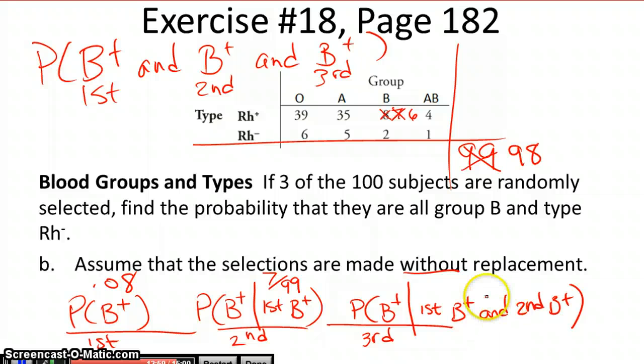Because these conditional probabilities restrict the size of your sample space. And you can see in this case, because the first person and second person who were drawn without replacement have B positive blood, that changes not only the number of people with B positive blood, but also the size of your sample. The size of your sample has been restricted to 98.